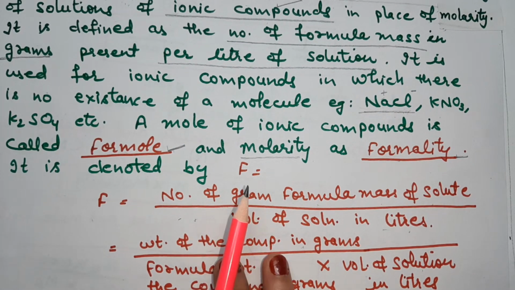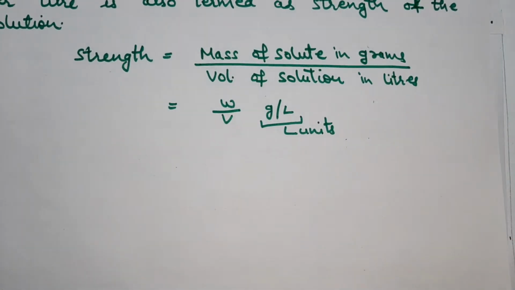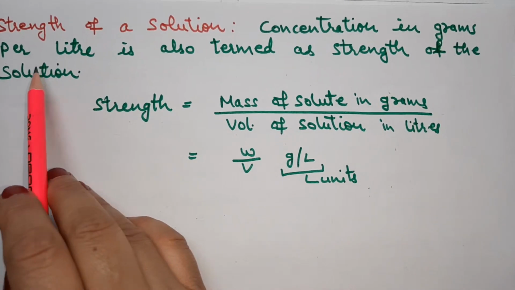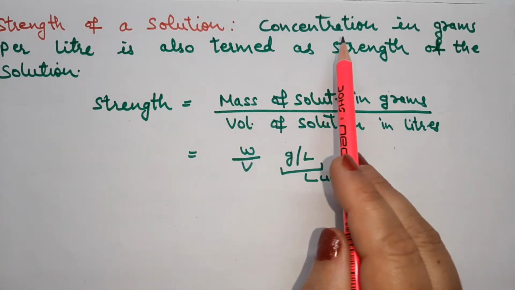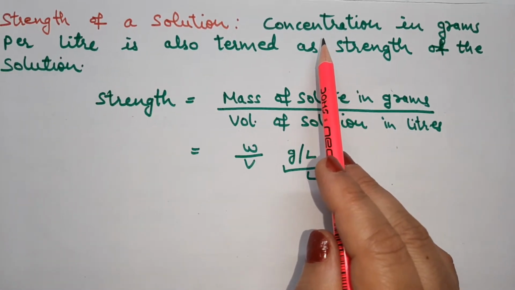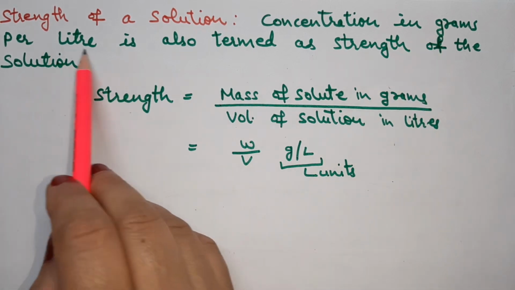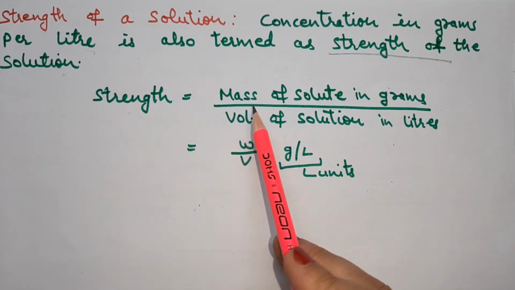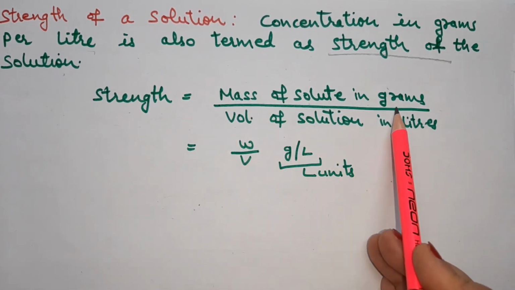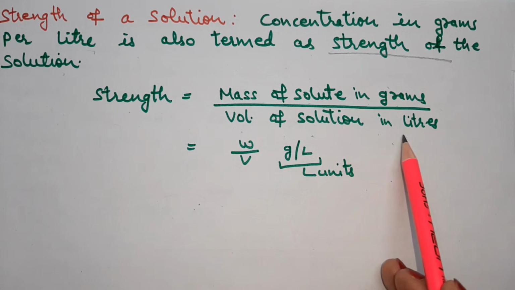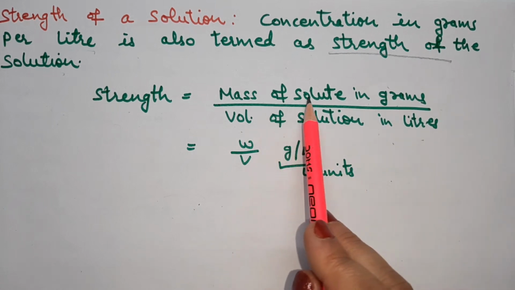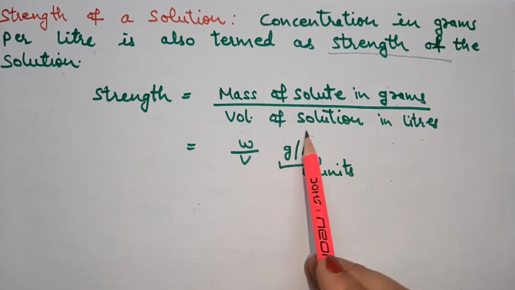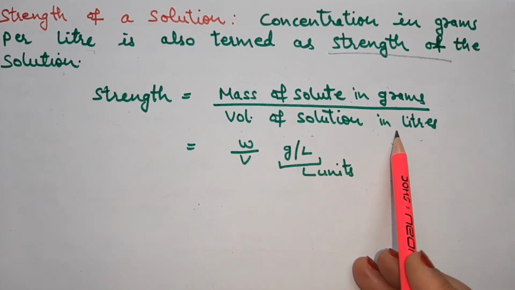Again, we have one very small method to describe the concentration of a solution, that is the strength of the solution. This is very simple. The concentration in grams per liter is termed the strength of the solution. Sometimes the mass of the solute in grams is given, dissolved in a given volume of solution in liters.